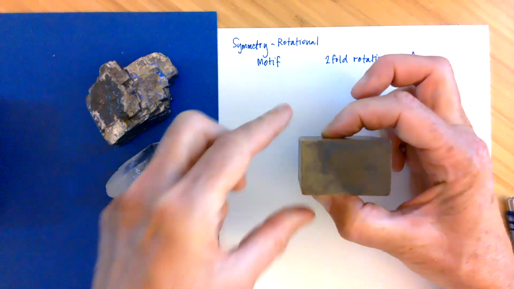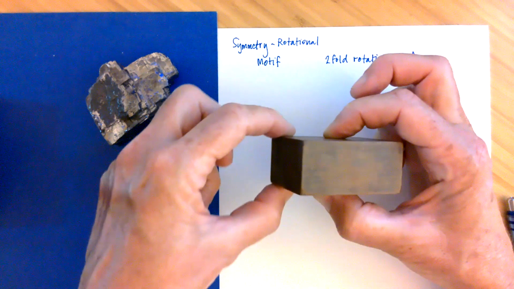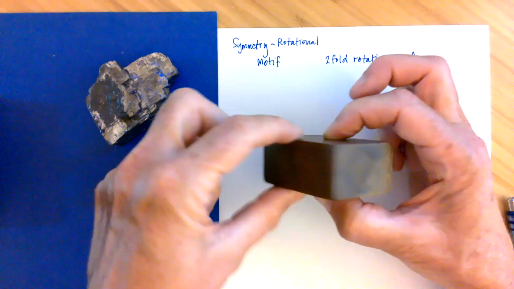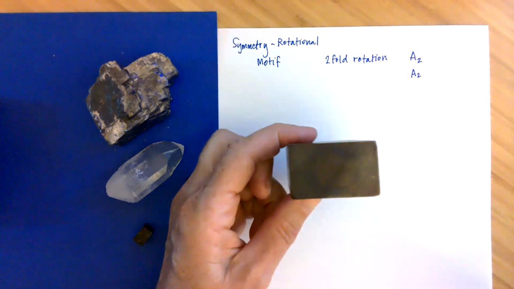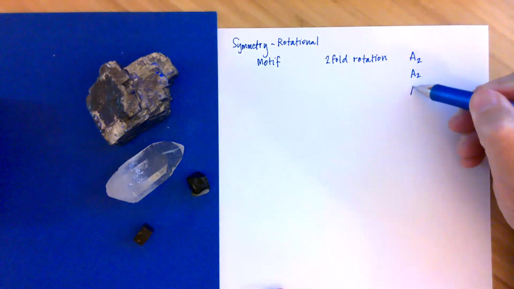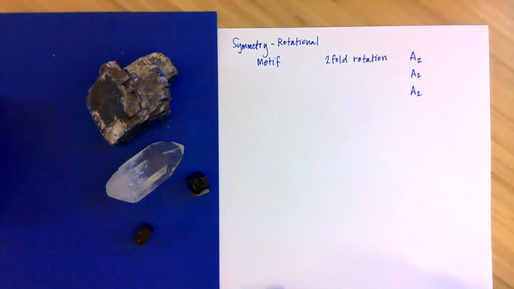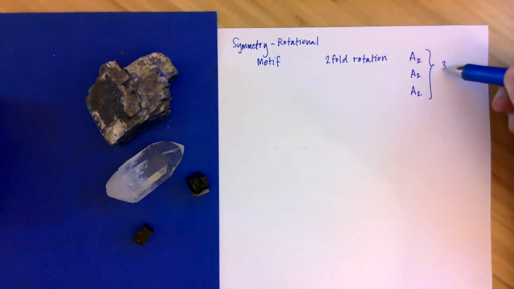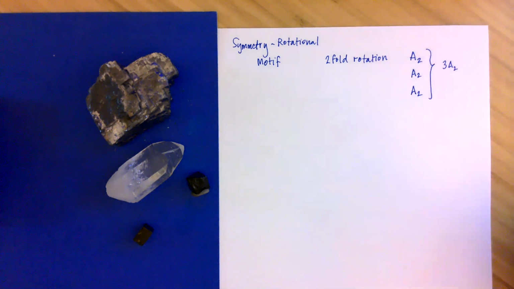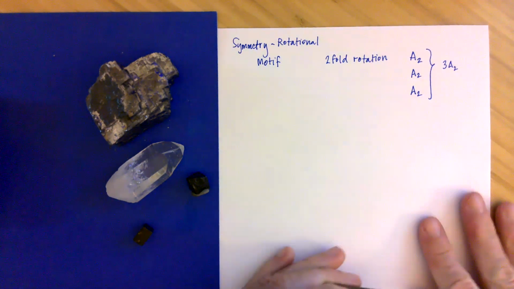That's the original motif, so that's second. That's something else. And now I'm back to beginning. So I've seen this same motif again 2 times. So I have another twofold rotational axis. So I can note this as 3A2s, okay?